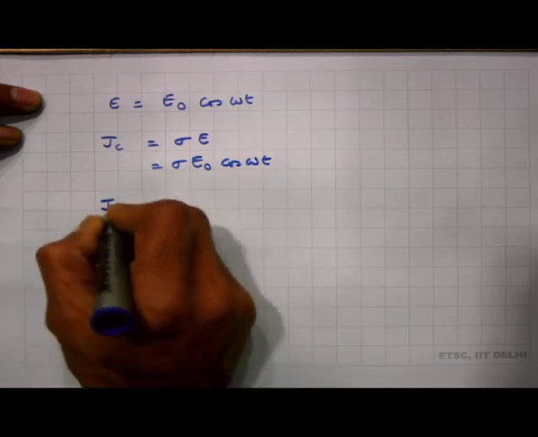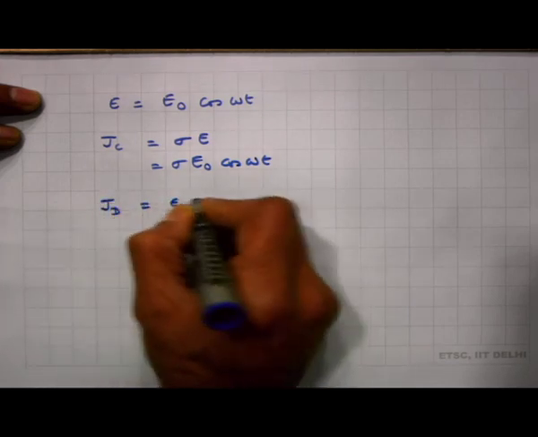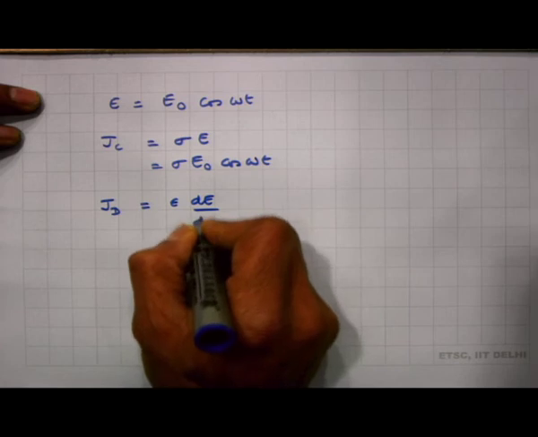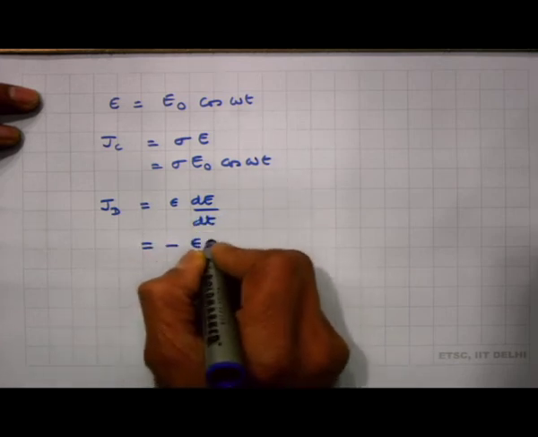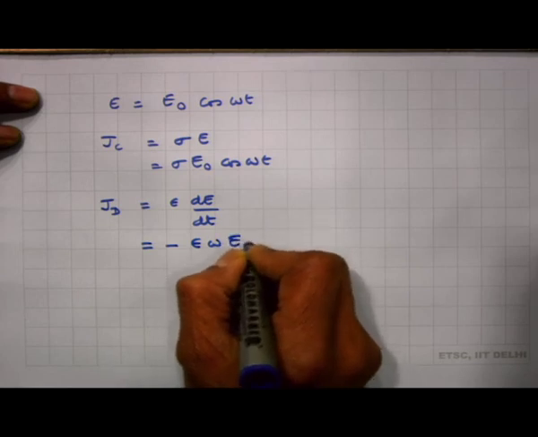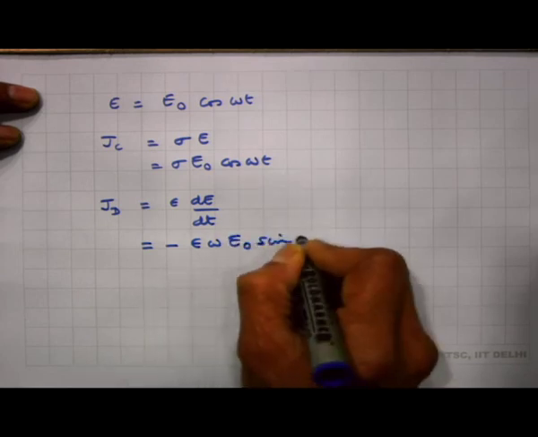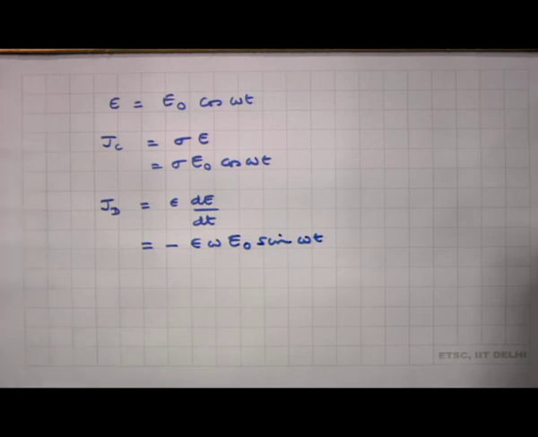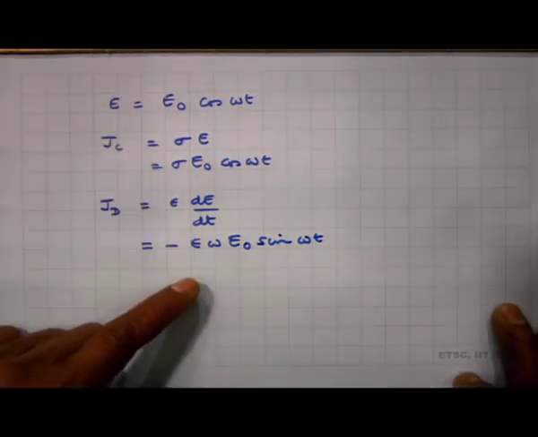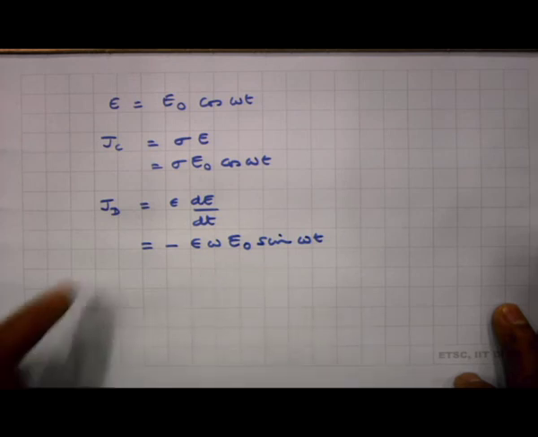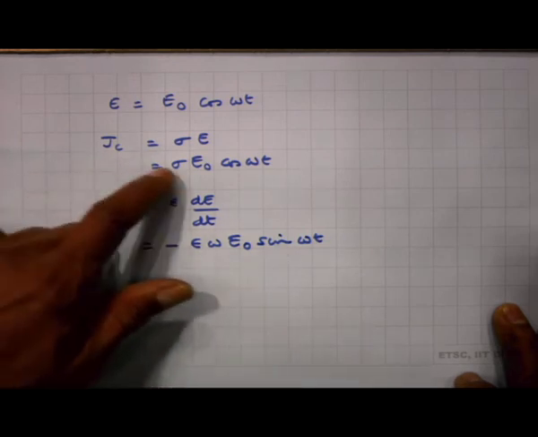The displacement current density is equal to epsilon dE by dt, which is equal to minus epsilon omega E0 sin omega t, as I differentiate with respect to time.